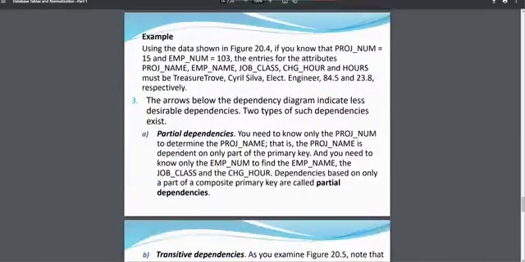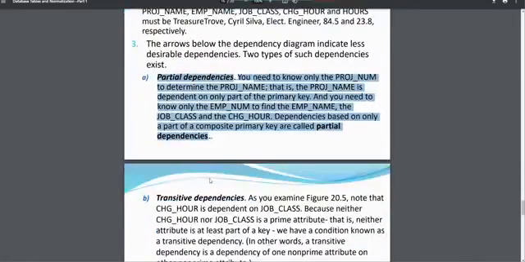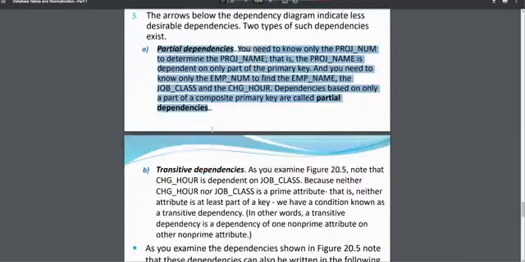Without understanding these basics, it is very hard to understand the second normal form and third normal form, which are directly based on these two concepts.